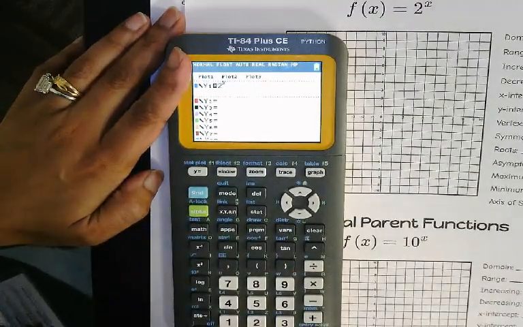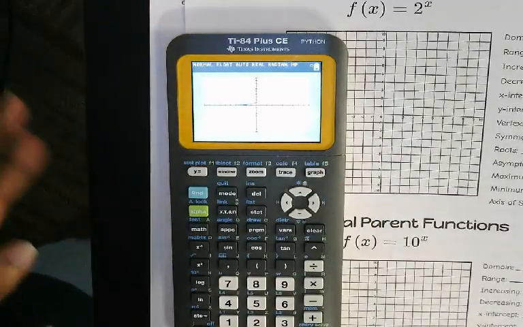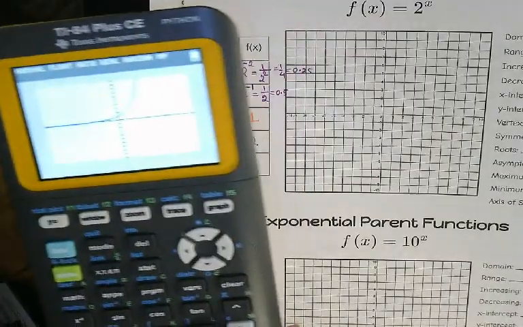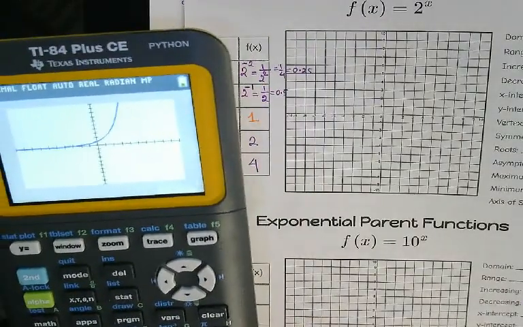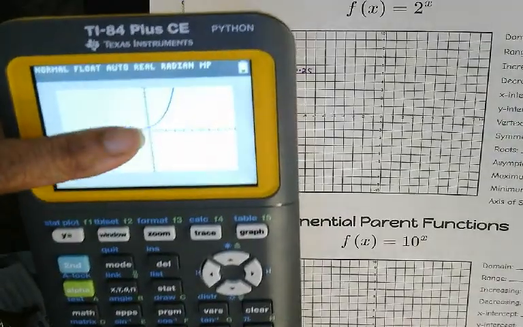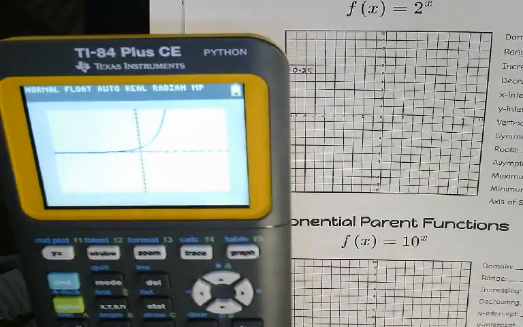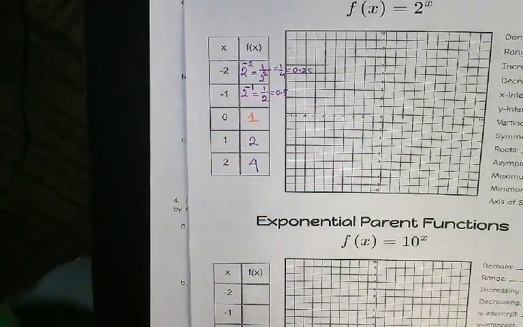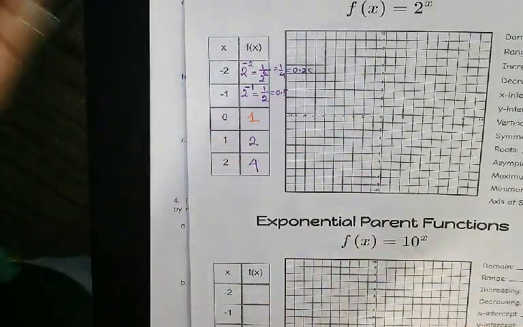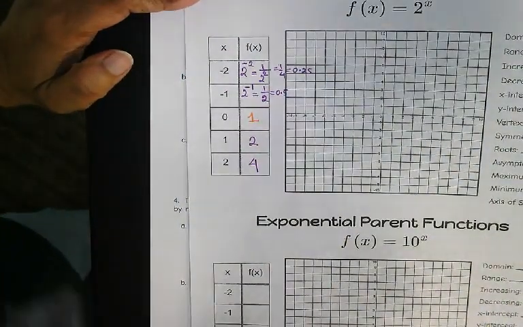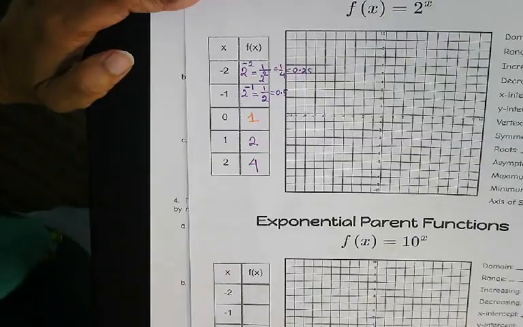So if you plug in that one and graph, you will see this graph over here. Even though it seems like it's crossing your x-axis, technically it doesn't. It's going to go closer and closer and closer to the x-axis, but it will never cross it or touch it.